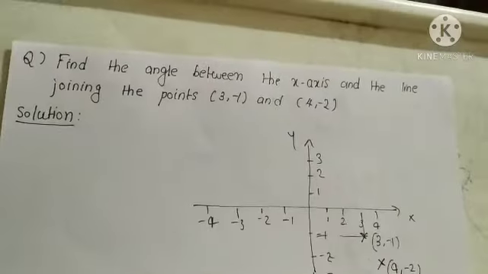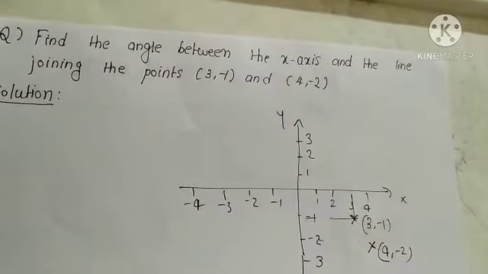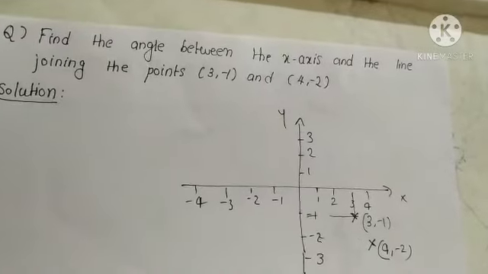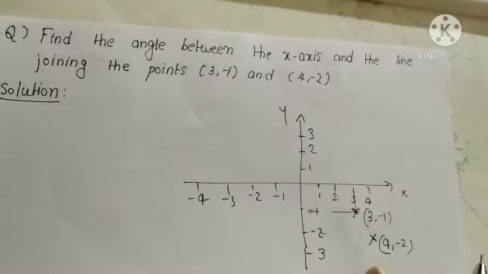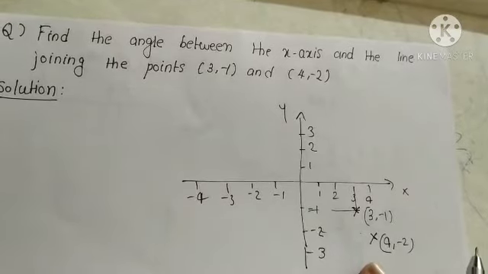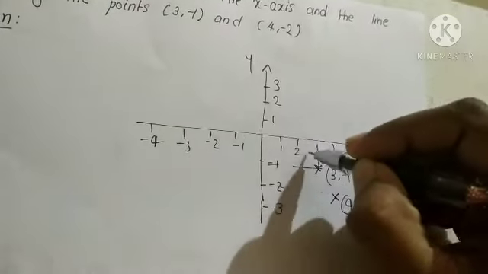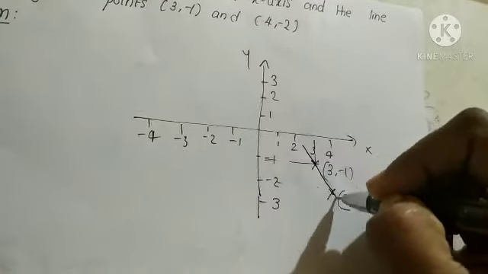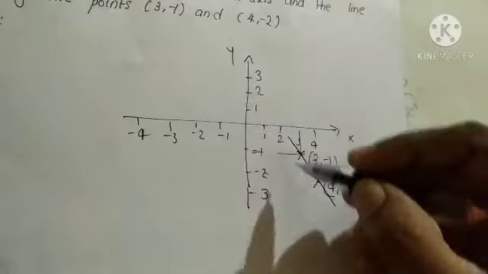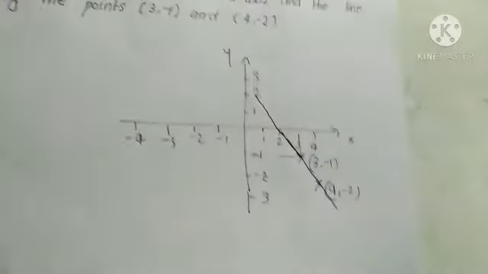So this is the line joining the points 3, minus 1 and 4, minus 2, right? So this is our line. I'm going to extend this line.